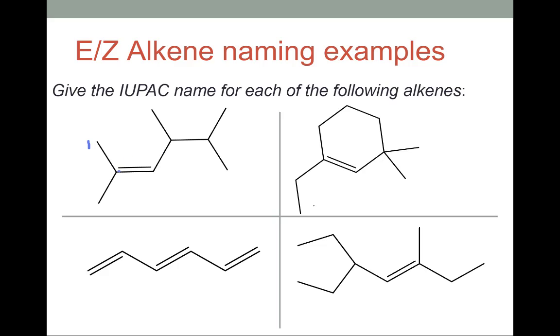So this one, for instance, since these substituents here are both methyl groups, I don't have to give the stereochemistry of this bond. It doesn't matter. I could flip this upside down. It doesn't make any difference. Okay, so I'll let you practice those.